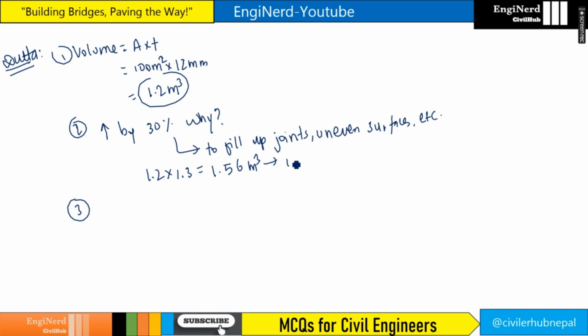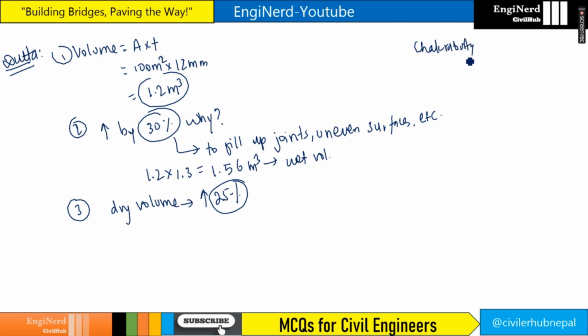Again, this is wet volume. Now to convert to dry volume, we need to increase by 25%, according to Datta. This 30% and 25% is according to Datta, whereas from Chakrabarti, for uneven surface increase by 20%, and to get dry volume, increase by one third.